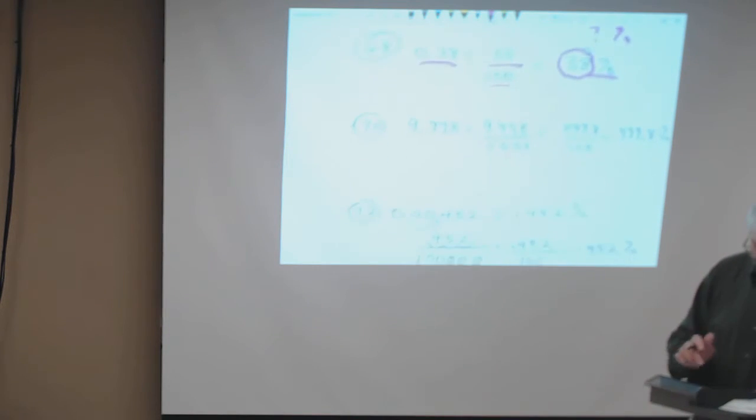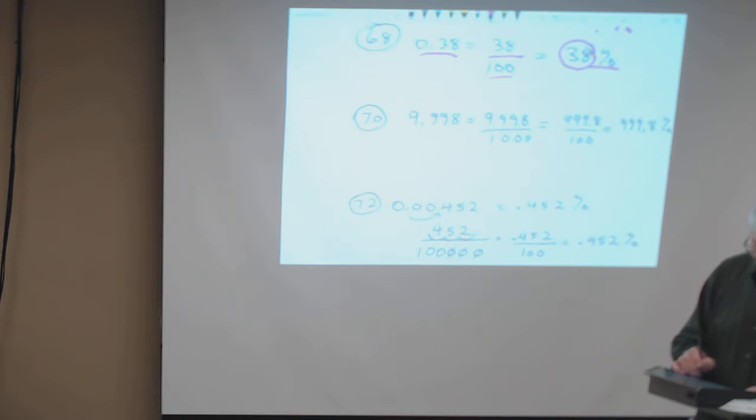Look at number 70. 9.998 would be 9998 over 1,000. And that would end up being 999.8%.